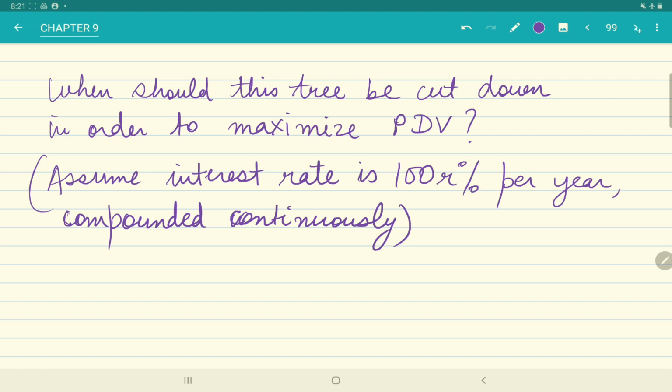In this case, the current market value is P of t.